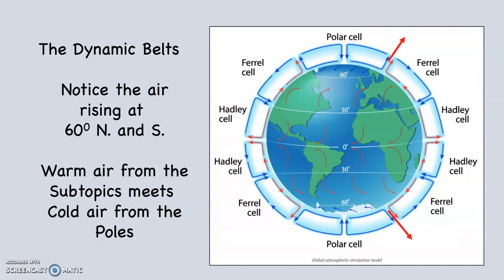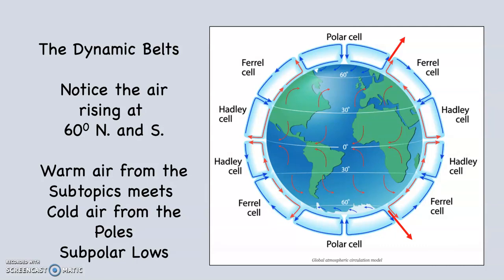Then notice this, that those red arrows and the blue arrows meet right about 60 degrees north and south. When they meet, the warm air is forced to rise. That rising air creates the subpolar lows.